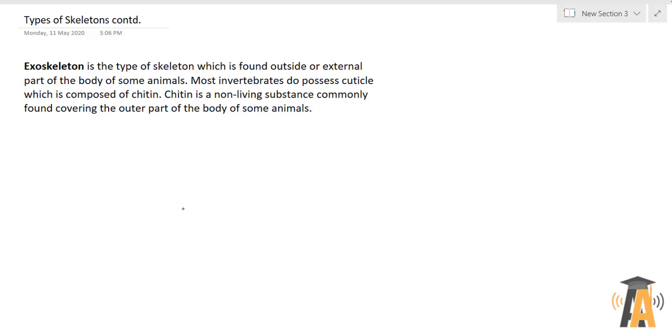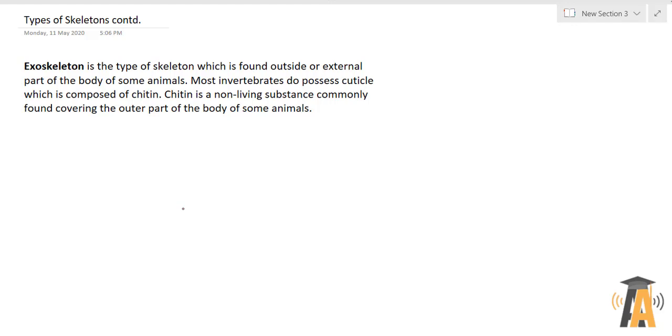Exo means outside. We already know the definition of skeleton, so exo means outside. So this type of skeleton is found outside the body of the animals, and most invertebrates possess a cuticle, which is composed of chitin. Now, like we said earlier, chitin is a non-living substance found covering the outer part of the body.